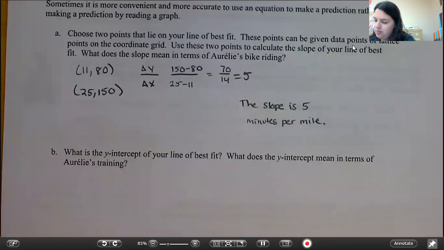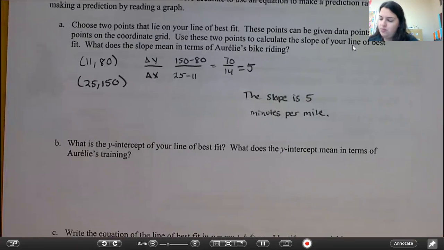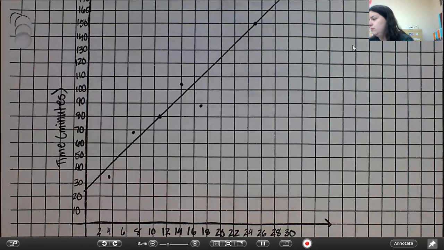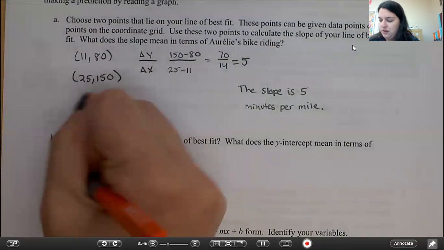B, what is the y-intercept of your line of best fit? What does the y-intercept mean in terms of Ariel's training? So I'm going to give you my scatter plot again and figure out what your y-intercept is. So hopefully for your y-intercept, you said it was about 25.